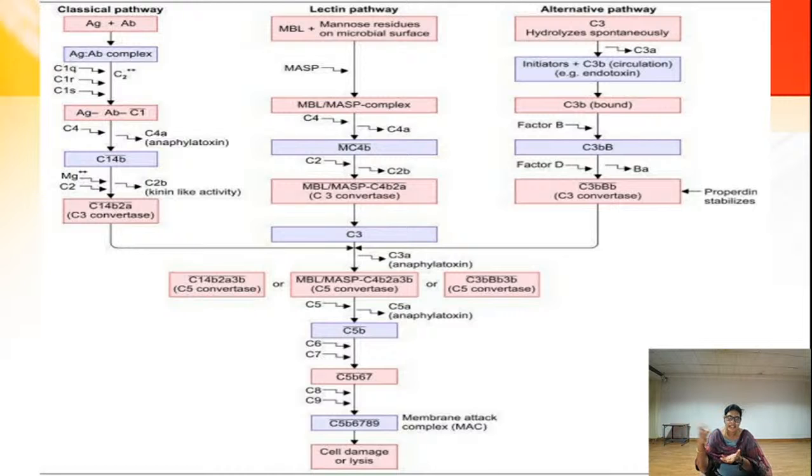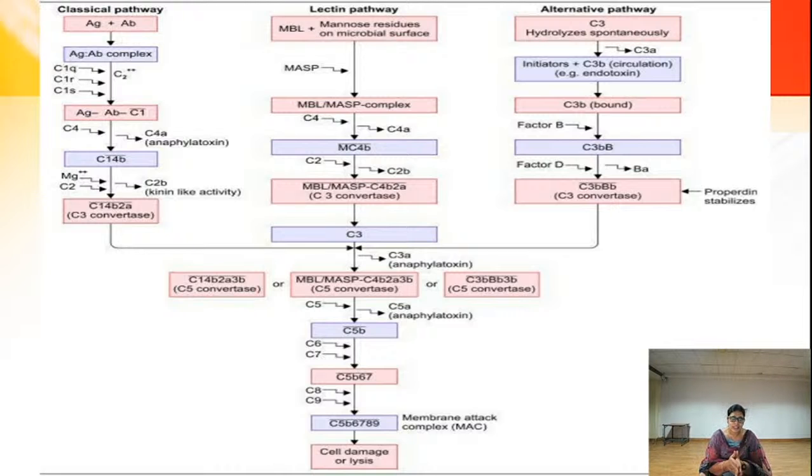Water enters through this tube and the cell becomes bulged and gets lysed. The membrane attack complex forms pores over the surface so that the cell gets lysed. That is how the complement pathway occurs and the action takes place.